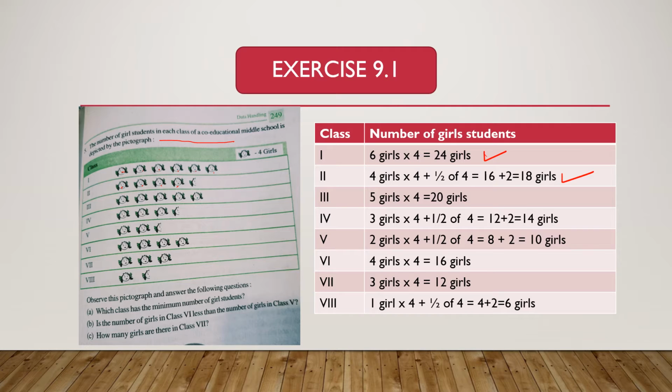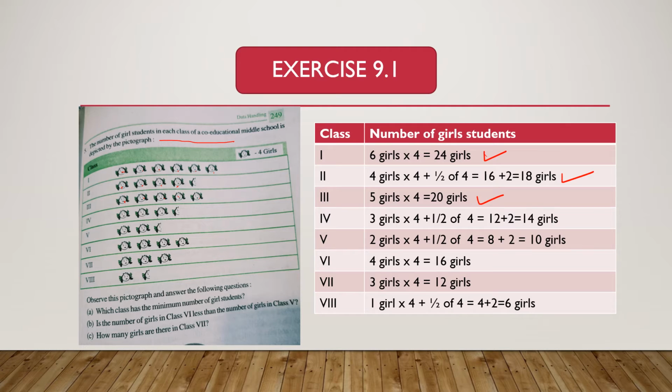In class 3 there are 5 symbols, and one pictograph symbol is 4 girls. So 5 multiplied by 4 is 20 girls. In class 3 there are 20 girl students.